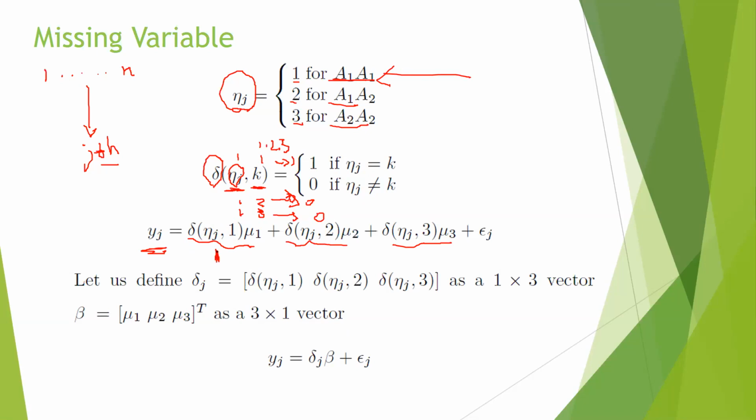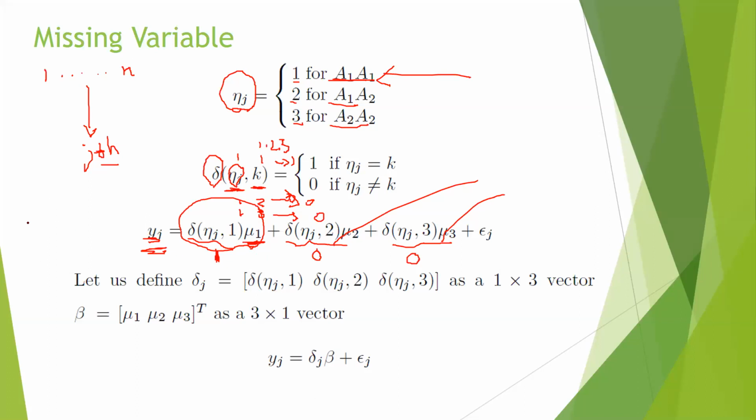But how about here? 0, and 0, right? Then this whole thing is gone, leaving only this part. That means this phenotype should be roughly equal to the average of the first population. That makes sense, right?